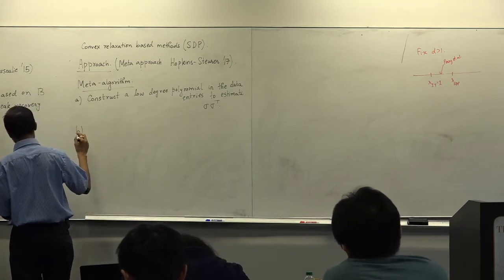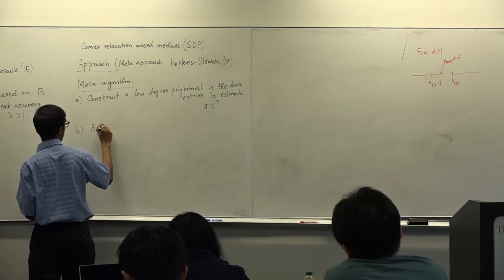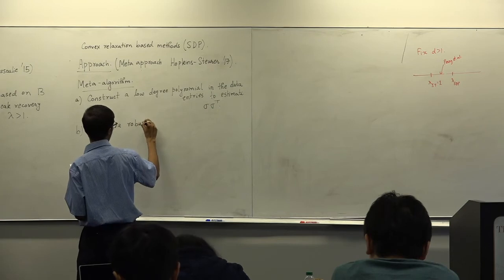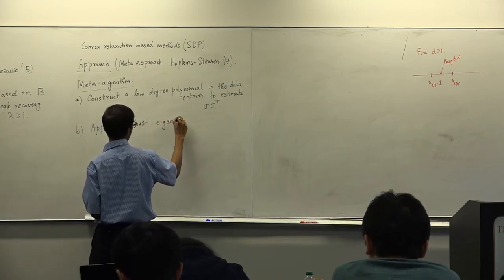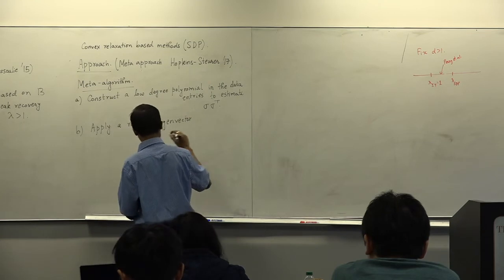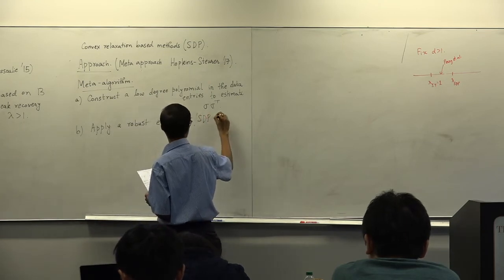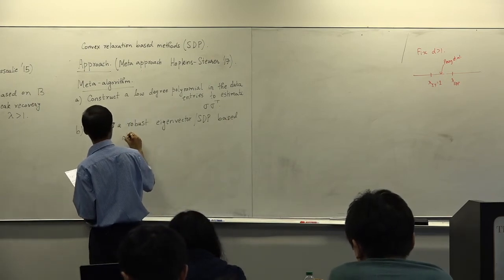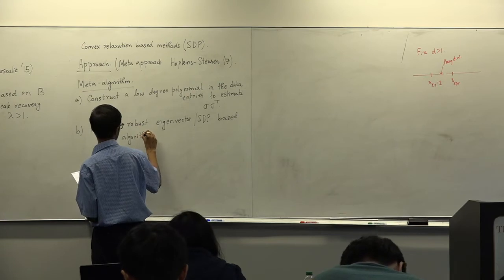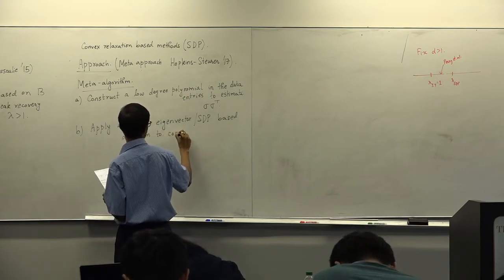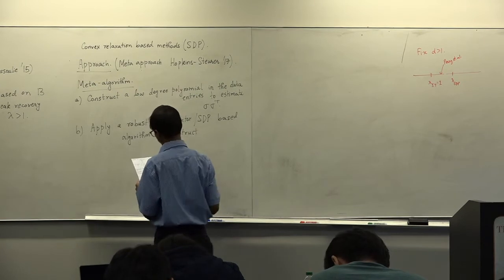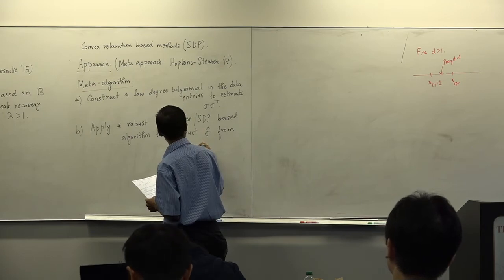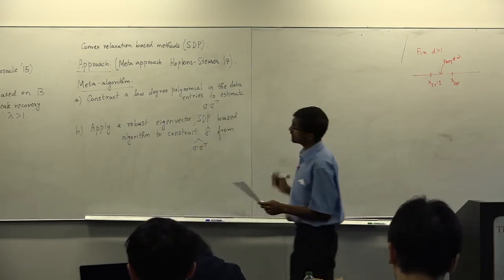And then you apply a robust eigenvector or SDP-based algorithm to construct sigma hat from the prior estimate that we constructed in step 1.